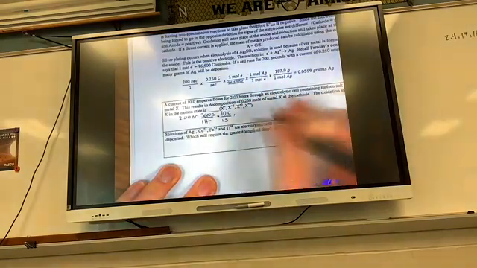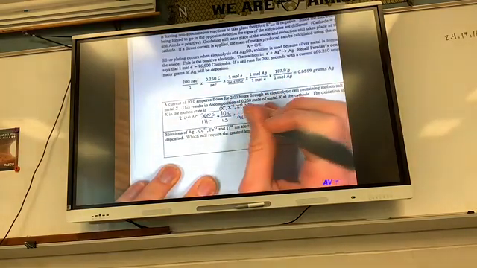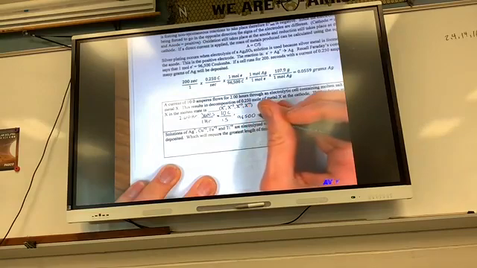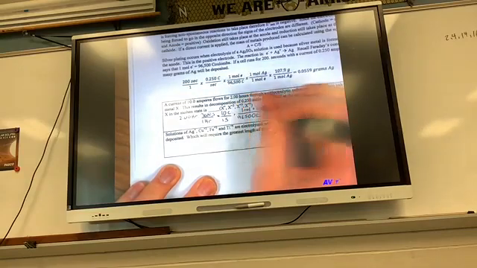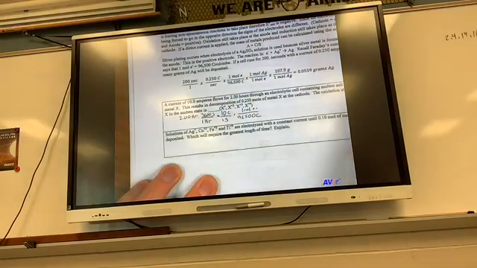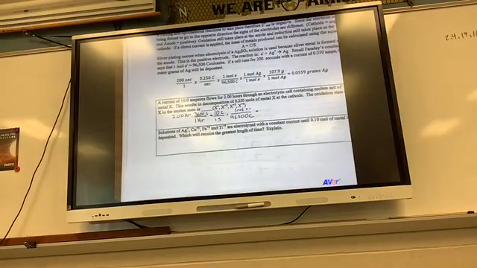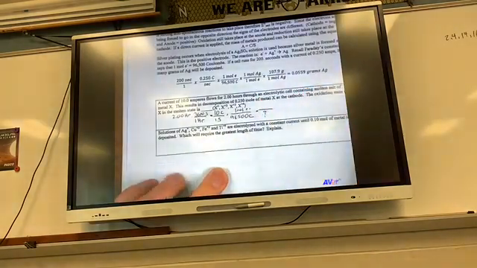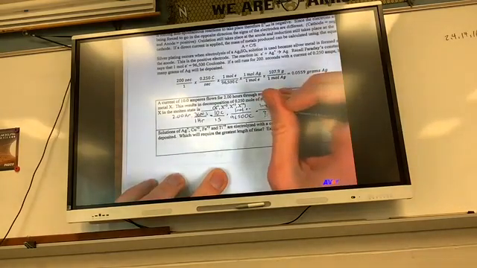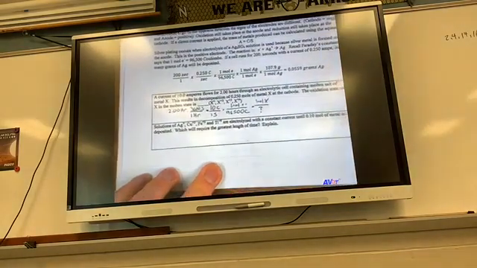And I know that for every 96,500 coulombs, that is 1 mole of electrons. Right? This last step is kind of tricky. Times, what am I trying to figure out? I'm trying to figure out how many electrons are lost in 1 mole of X. Agreed?